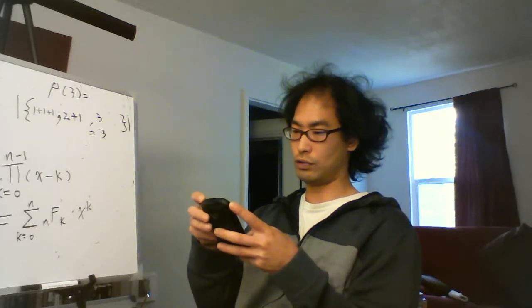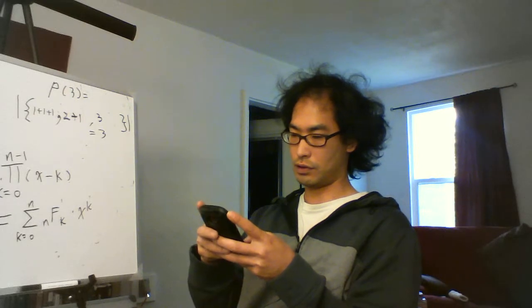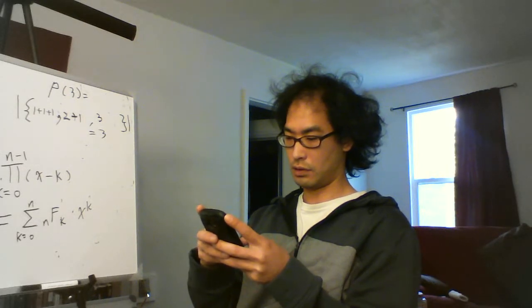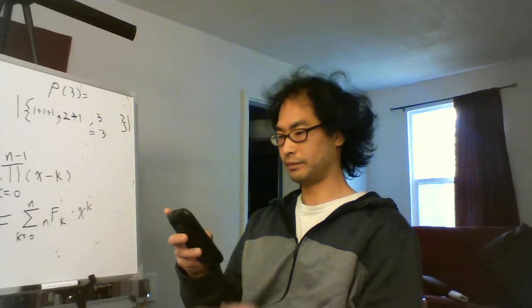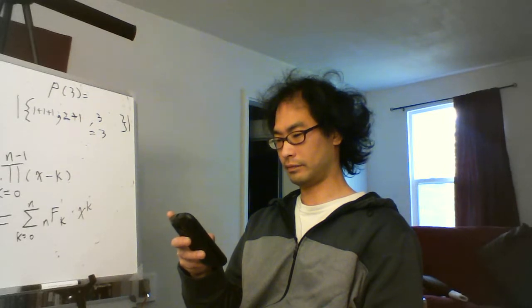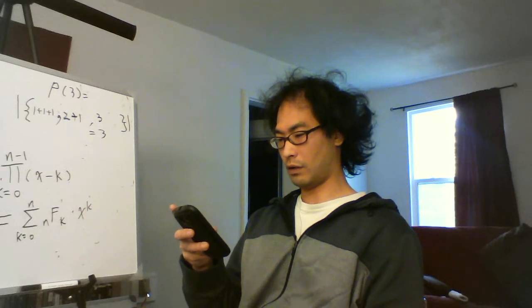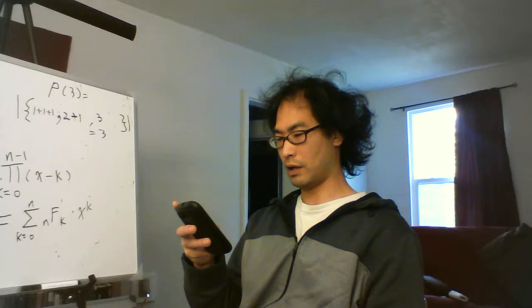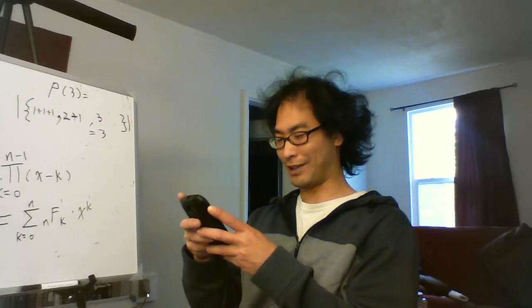Rademacher. Let me look up his name in a different web browser so that I don't lose the previous search. Rademacher. He's German, Australian German. Television actor? No, I want the mathematician.